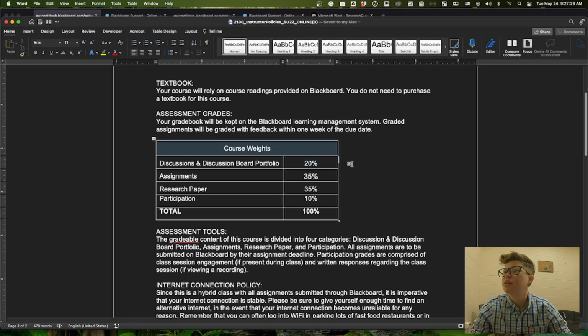Okay? Assignments, 35%. And some of these assignments weigh way more on this 35% percentage, some way less, but all of them help you build to work through your research project. Okay? Now, your research paper is the final literary research essay at the end of term. Okay, that in total is worth 35%.